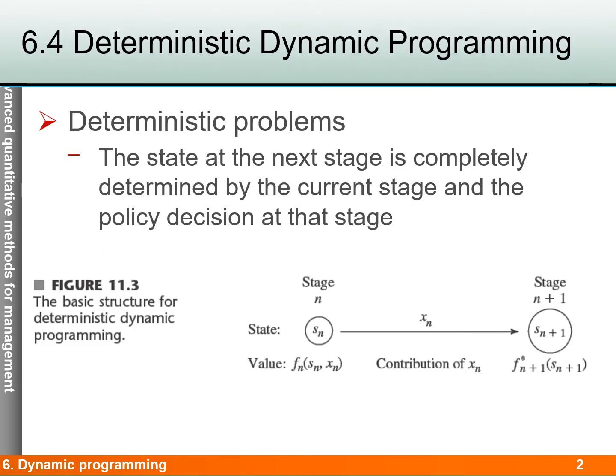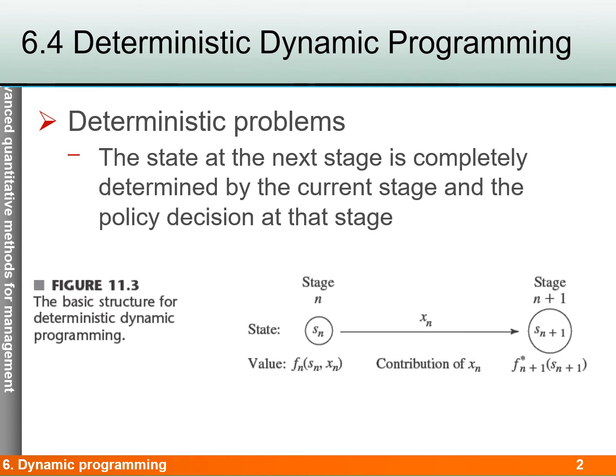As we reviewed before, a dynamic programming problem can be divided into two different categories. The first one is deterministic dynamic programming, and the second one is probabilistic dynamic programming.